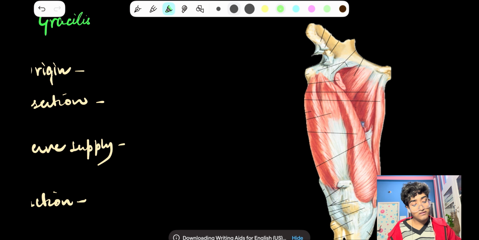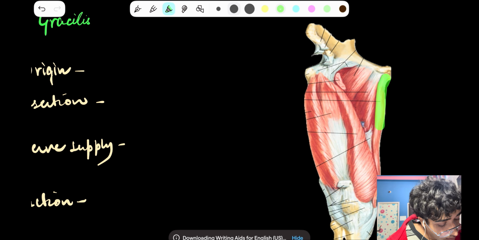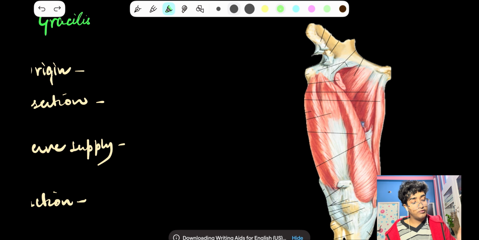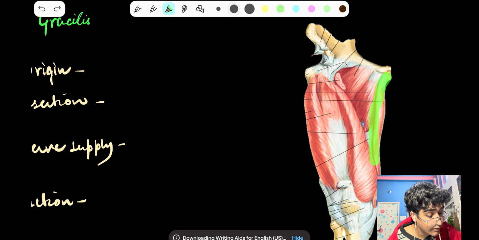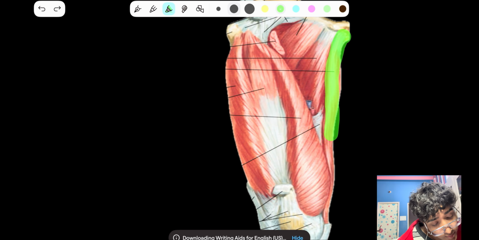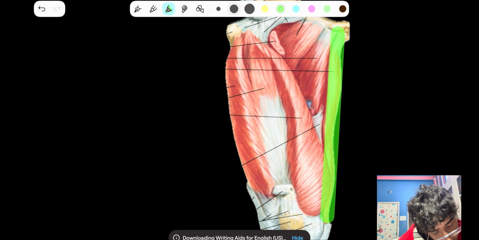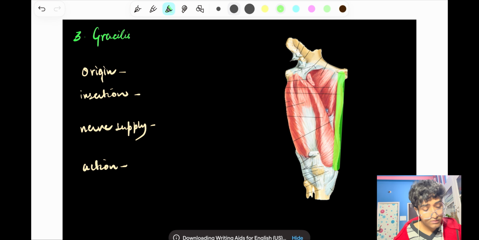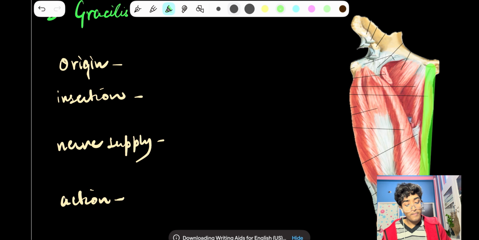Coming to the next muscle, the gracilis muscle. It is one of the guy-rope muscles, which we'll deal with when we discuss the anterior portion of the thigh. This muscle, marked in green, is the gracilis muscle.